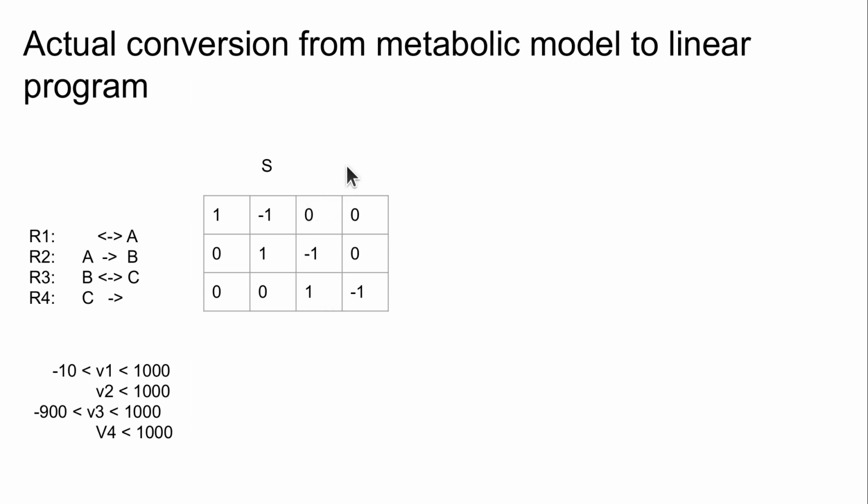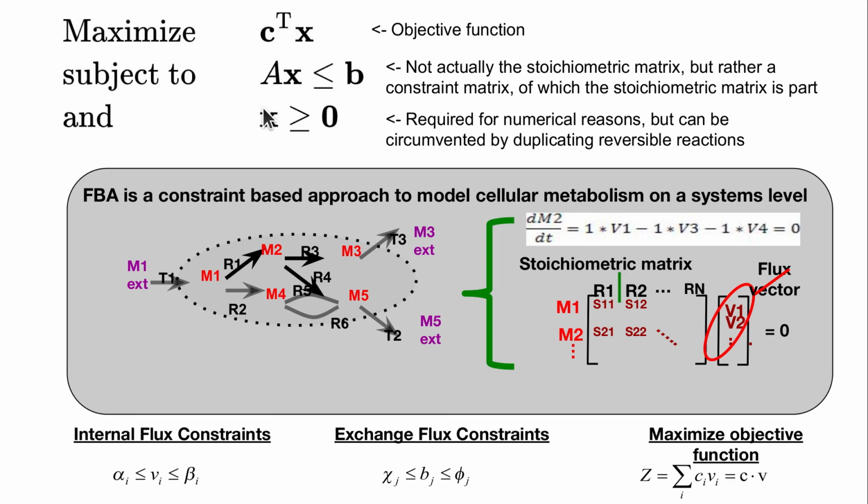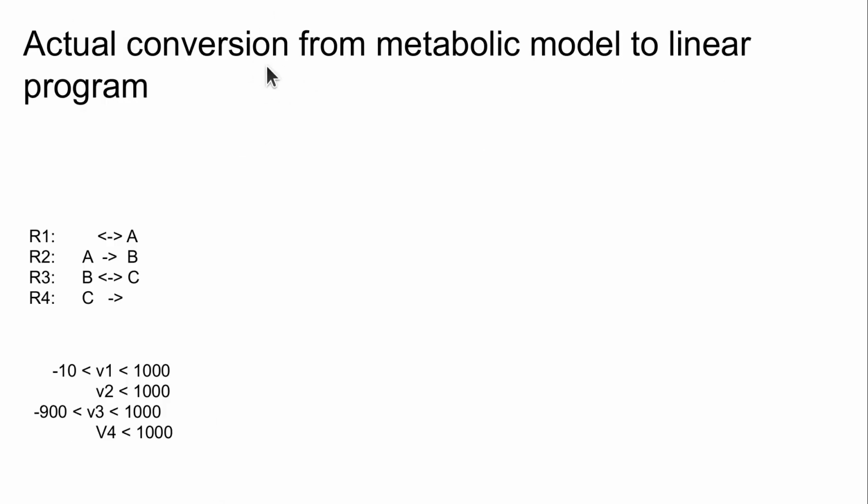We might think this could be represented with x greater than 0, but this doesn't set any upper bound. Instead, we're going to have to squeeze our flux constraints into our A matrix as well.